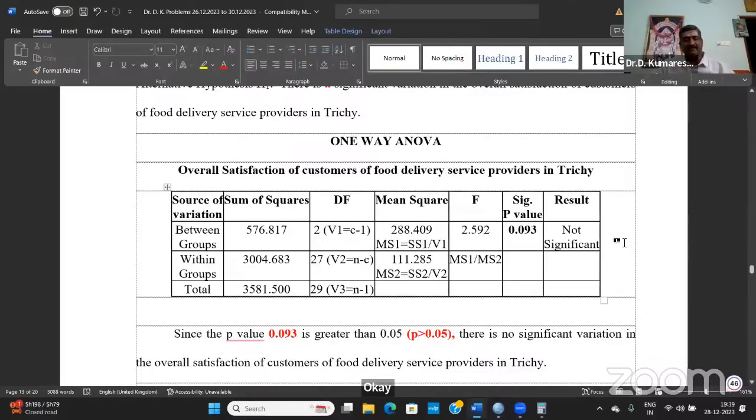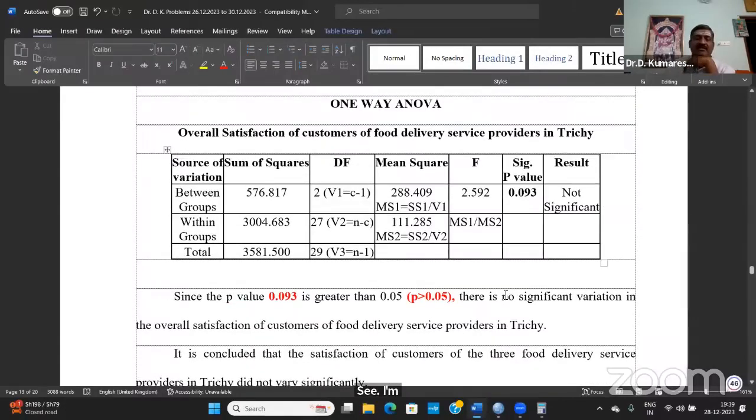So interpretation and findings should be given differently. Unfortunately, many scholars just copy and paste, so both the interpretation and the findings look the same. See here, I'm telling you, there is no significant variation in the overall satisfaction since the p-value is greater than 0.05.